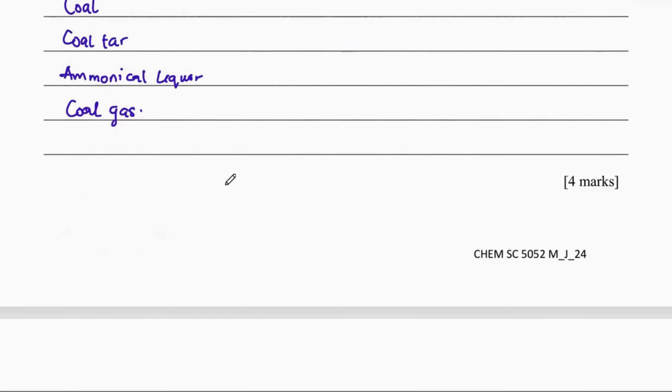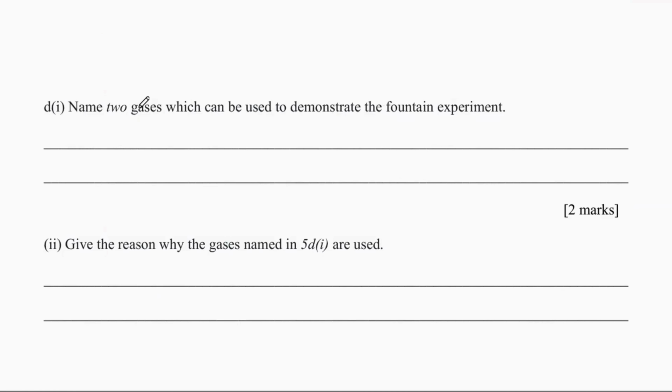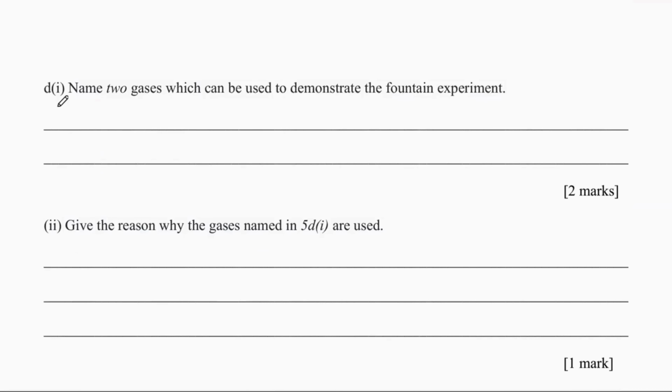Now the next question says, name two gases which can be used to demonstrate a fountain experiment. So we have ammonia and hydrogen chloride.